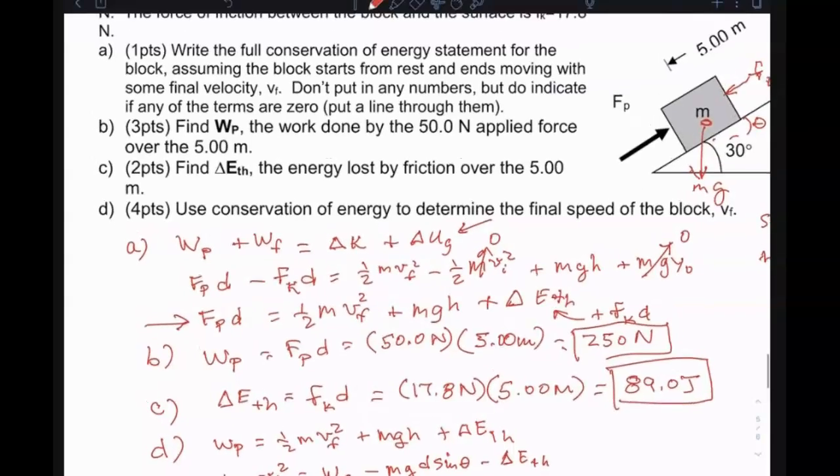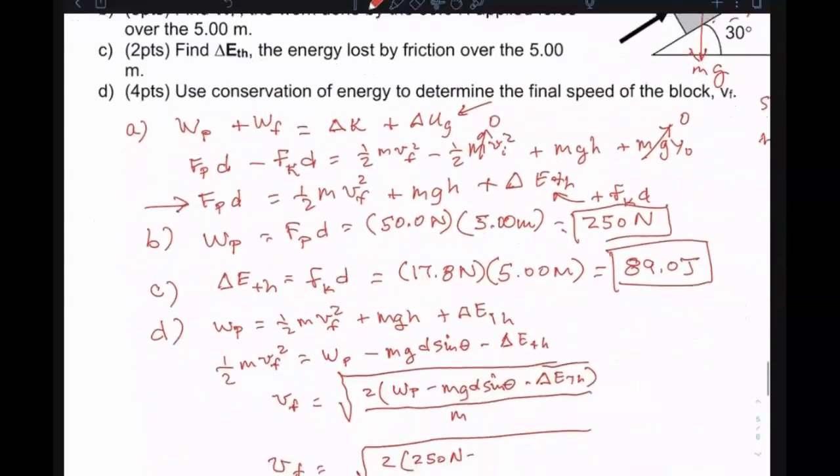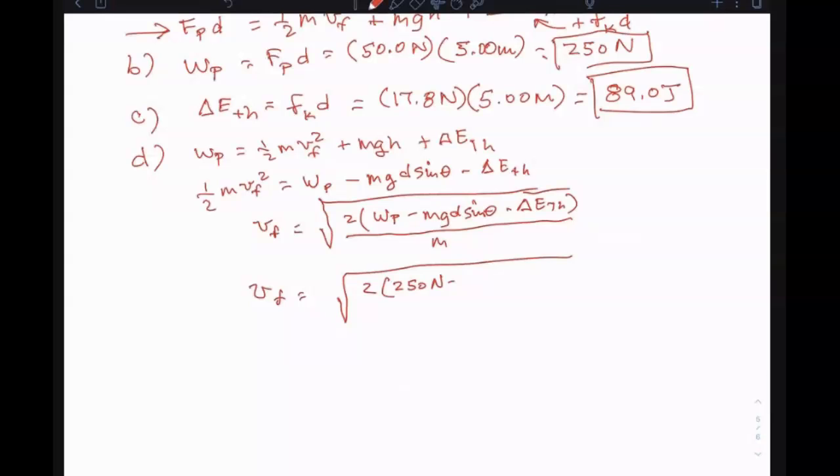Let's look that up. 6 kilograms, times g, times the sine of 30 degrees, minus the increase in the thermal energy, 89.0 joules, and divide that by 6 kilograms.